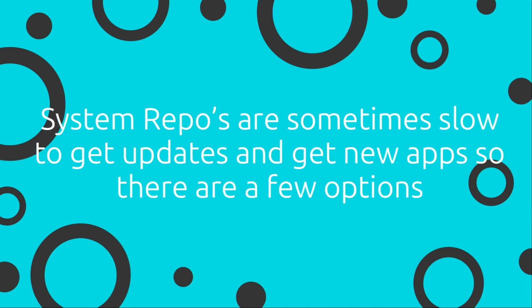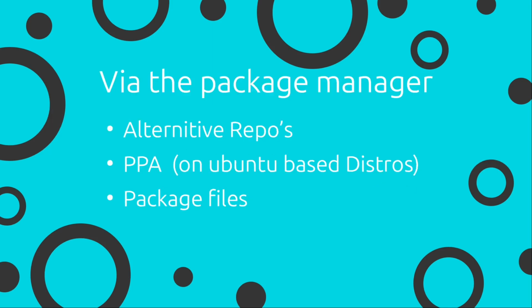System repos are sometimes slow to get updates and new apps, so there are a few options for developers and people who are on the cutting edge or just want to get things a bit easier, even though this is not easy at all, you kind of know what I mean. We have alternative repositories: instead of just having your system repository, you also get packages from another warehouse, and if you try to install your app, it will go through that one, and if it's not there, it'll go through your system repo.